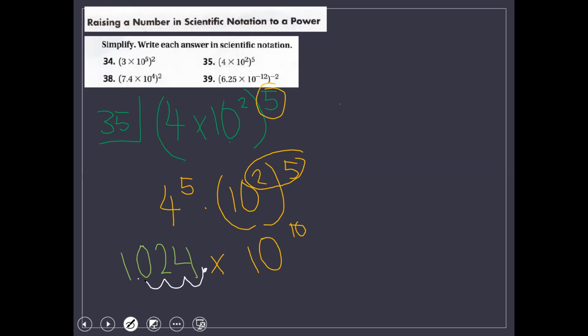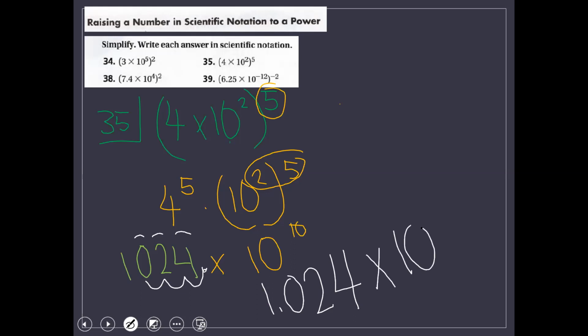If I'm moving to the left, how many digits do I have to add here? 3 digits, that's 3 zeros. If I move to the right, I will subtract 3 zeros. So here it will be 1.024 times 10. Now 10 raised to 10. But if I add now 3 zeros to them, it will be to the power 13. I will repeat.